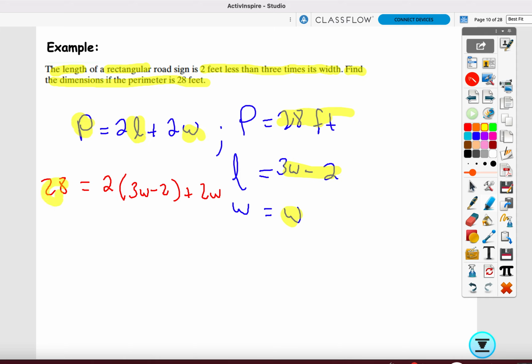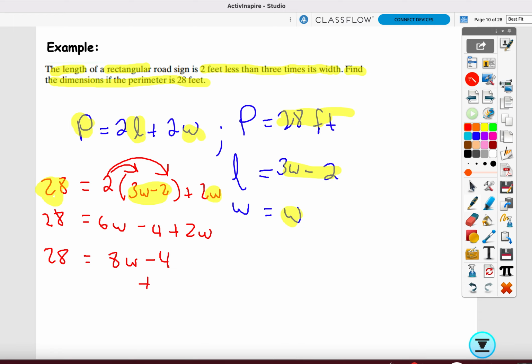We have P, L, and W. Now solve for W because it wants us to find the dimensions. So distribute the 2. 2 times 3W is 6W. 2 times minus 2 is minus 4, plus 2W, bring down the 28. Combine the like terms, and we get 8W minus 4, bring down the 28.